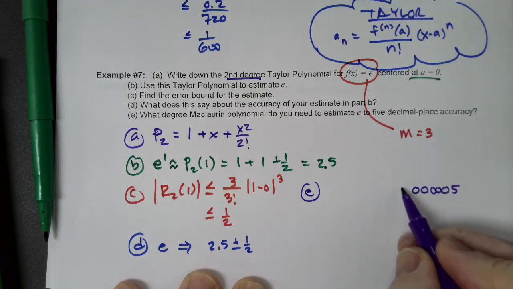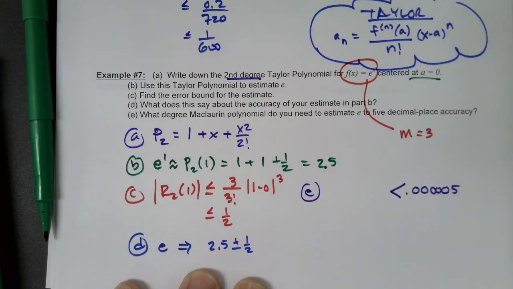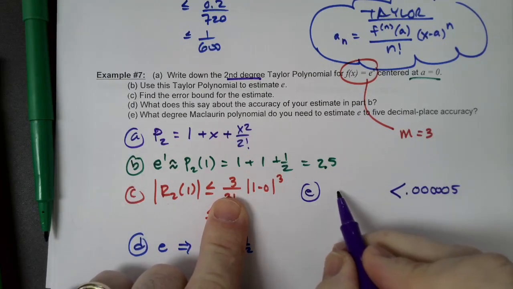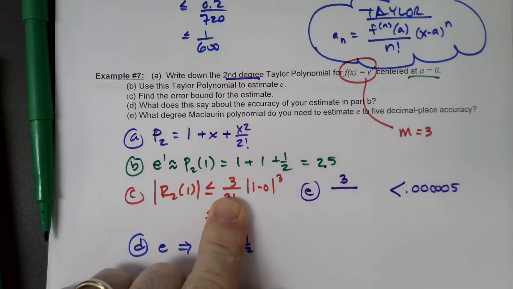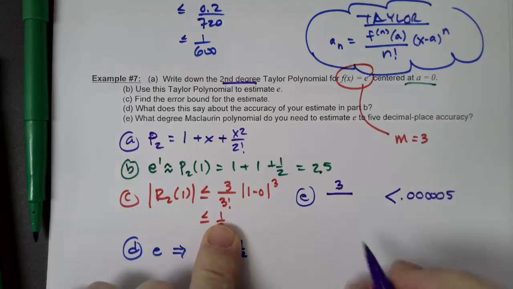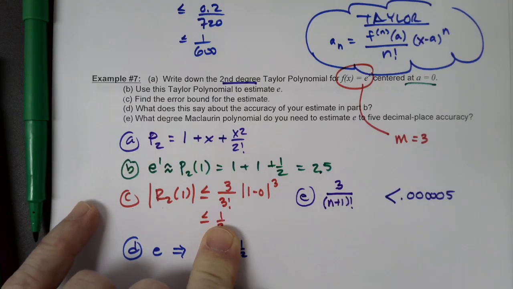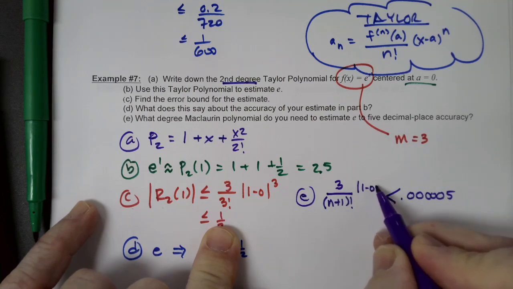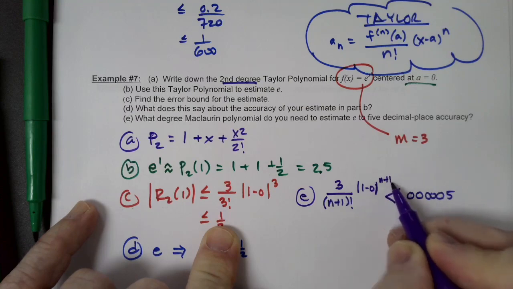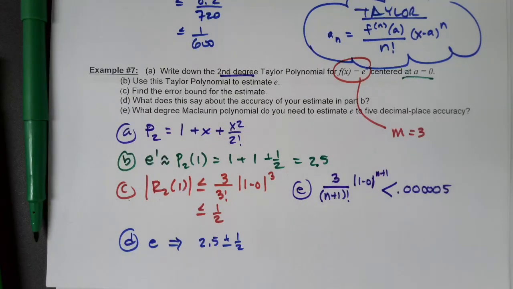We want to make sure that we are less than that. And in our formula here, our m is 3. And then down here, this is n plus 1 factorial. And we know that this is 1 minus 0 to the n plus 1 power, which of course is just going to be 1. So now we need to figure out what the n value will be here.